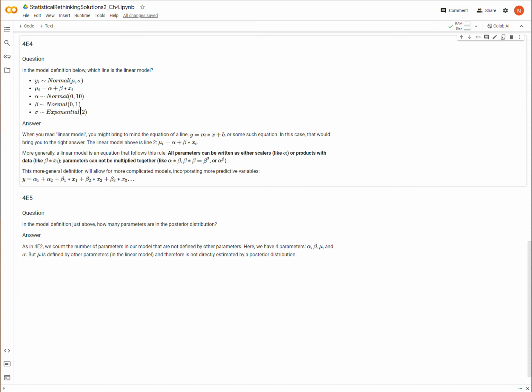Well, what's a linear model? If you're not familiar with what a linear model means, you might default to believing that it is something that defines a line, right? And you probably remember one of the equations for a line, which is y equals mx plus b, where y is the value on the y-axis, x is the value on the x-axis, m is the slope, right?